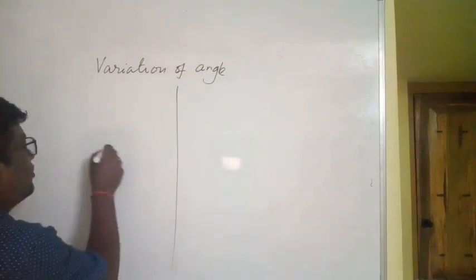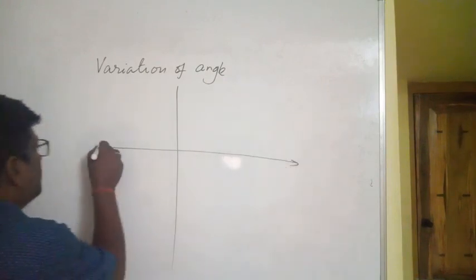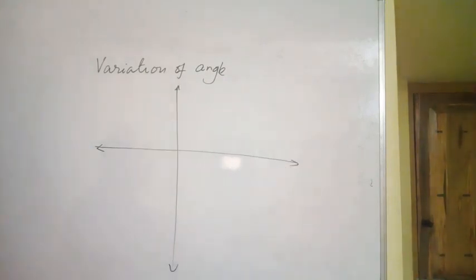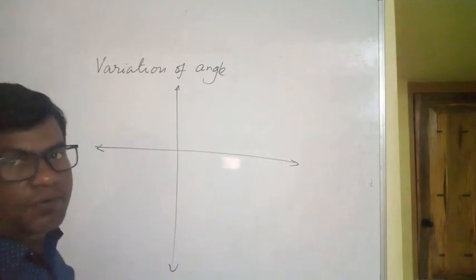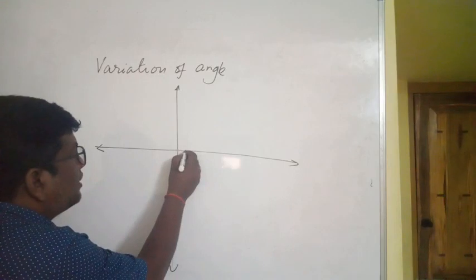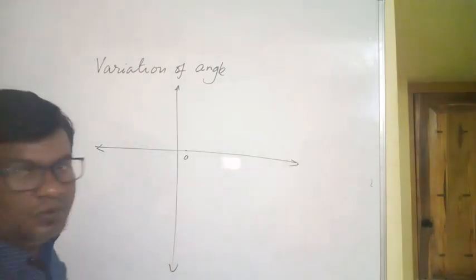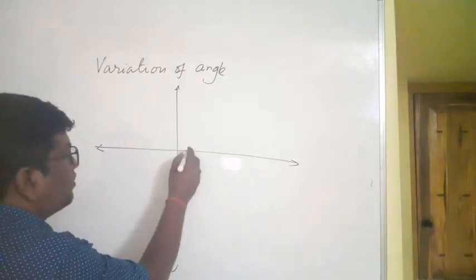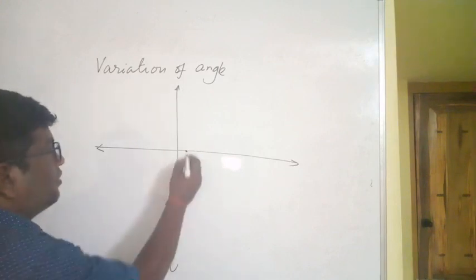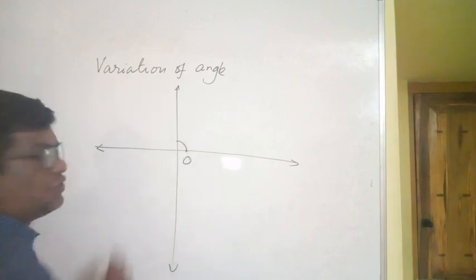Suppose this is the system of coordinates, or coordinate system. This angle starts from 0 and rotates to this position.